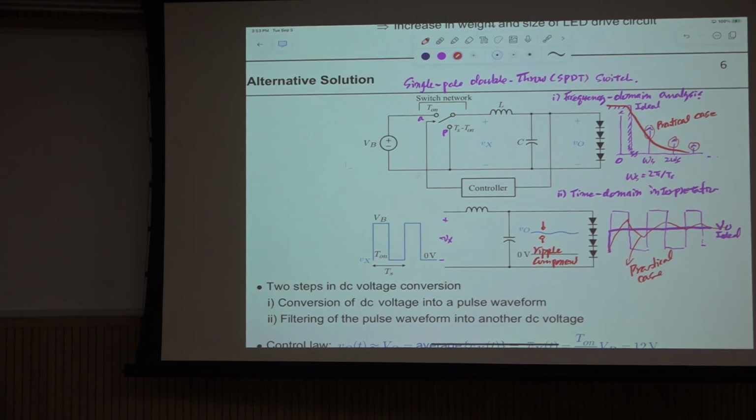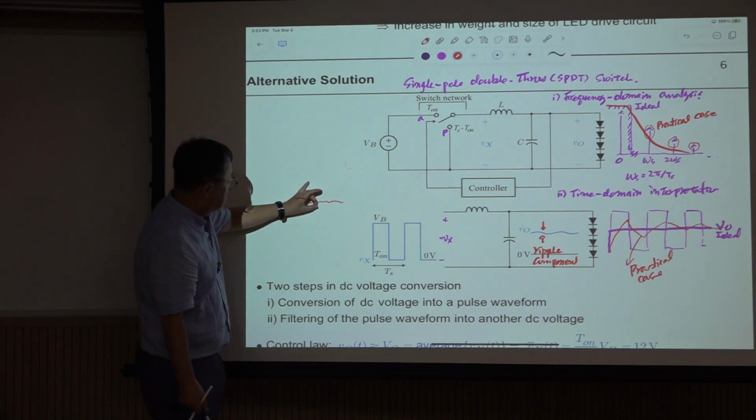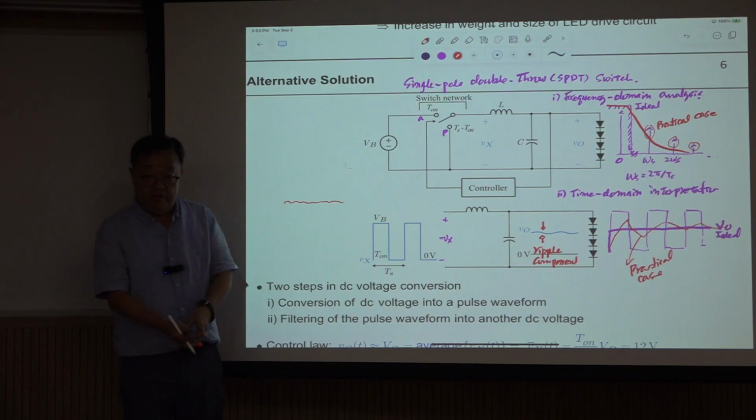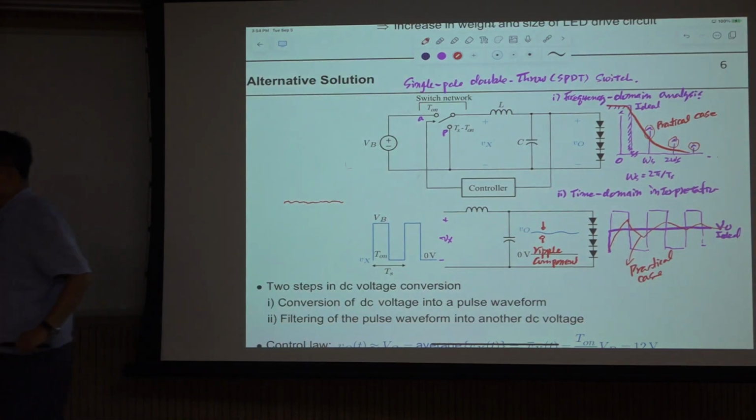You know the ripple. This is the surface of some pond or lake, and if you see it from a distance, it looks like a horizontal line. But if you approach it, there is some ripple component, something like this. So we try to minimize this as much as possible.